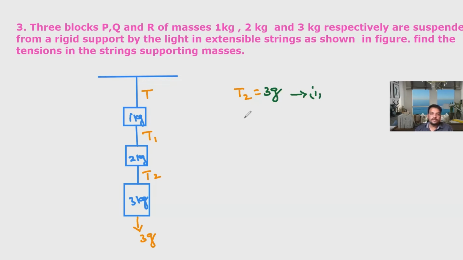Then the forces acting on the 2 kg body: T2 minus T1. Even this weight acts downward.